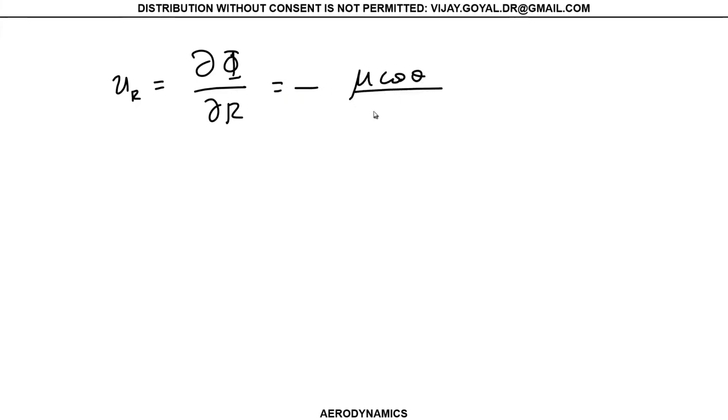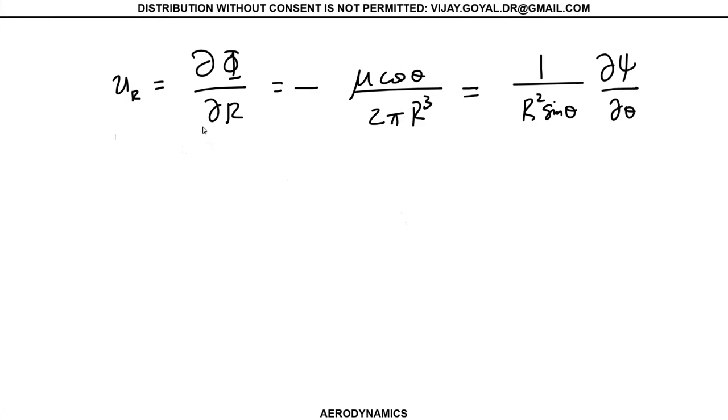Then from here, we can say that UR is equal to the partial of phi with respect to r, which is minus mu cosine of theta over 2 pi r cubed, and that will equal 1 over r squared sine of theta times the partial of psi with respect to theta. This comes from this equation right here.